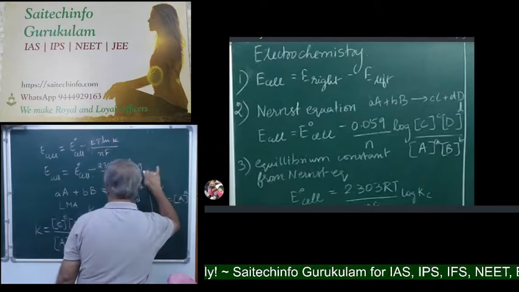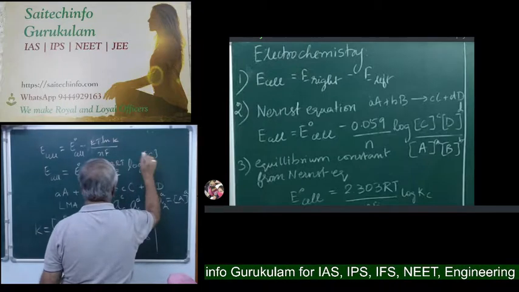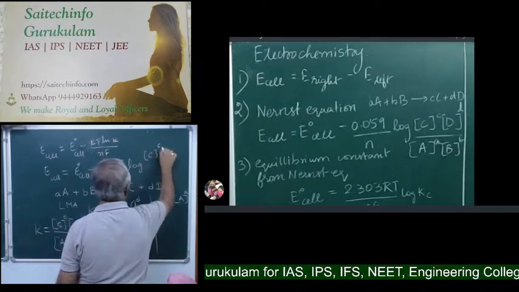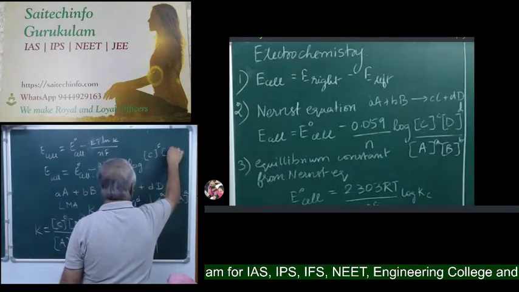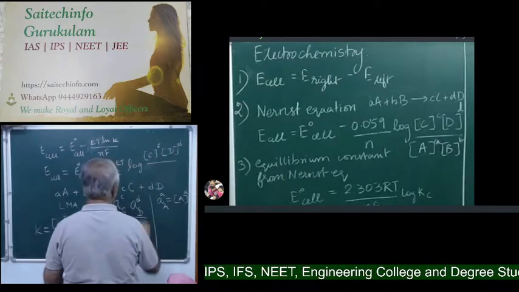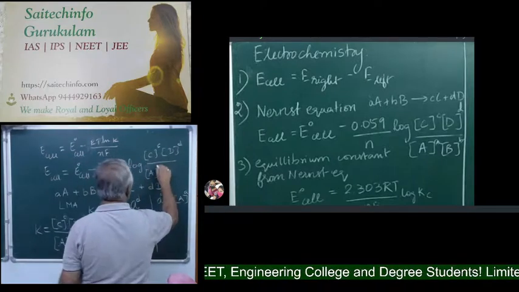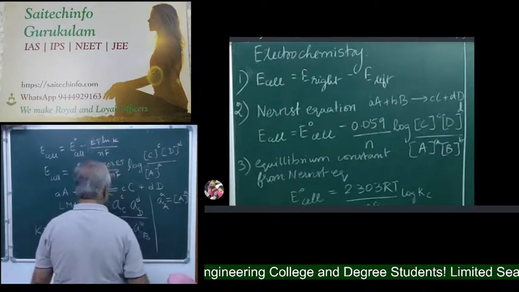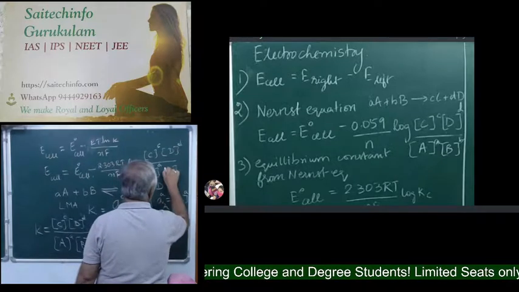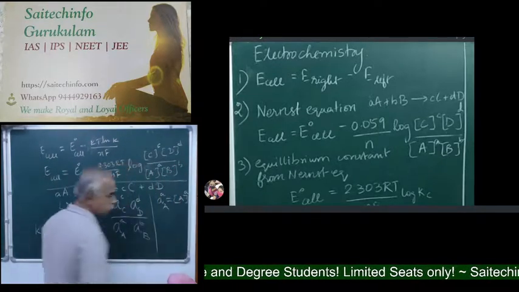So replace this, and you can put the concentration of C to the power c into the concentration of D to the power d, divided by the concentration of A raised to its molar coefficient, and then B to its power. So this is the final equation.